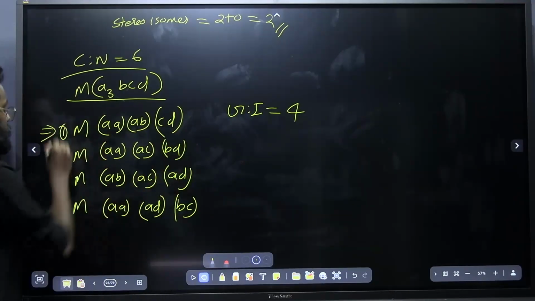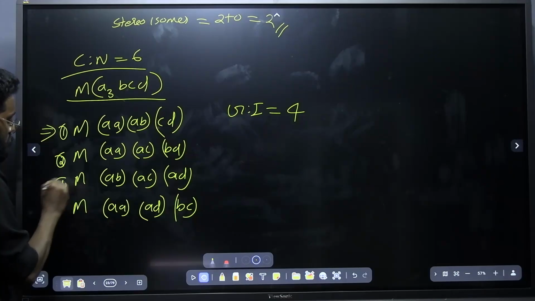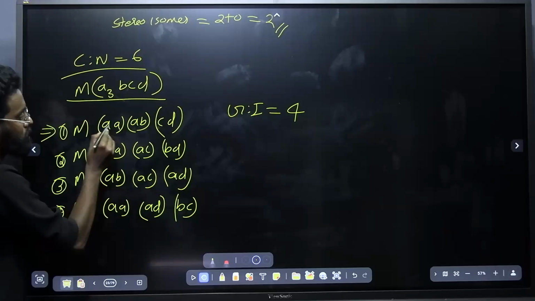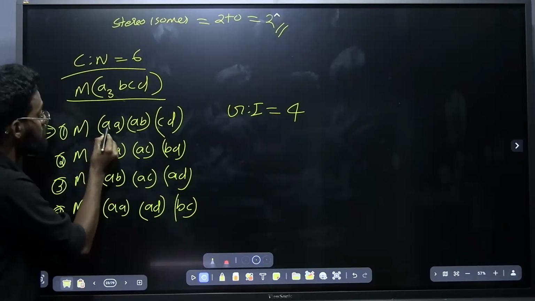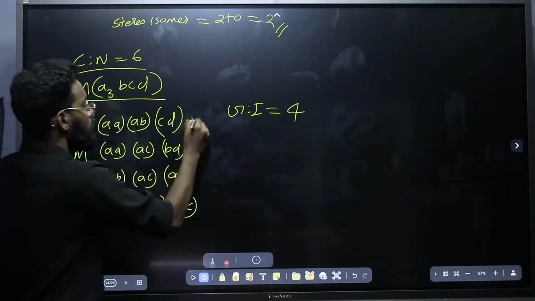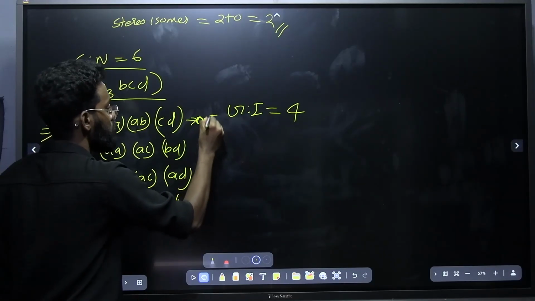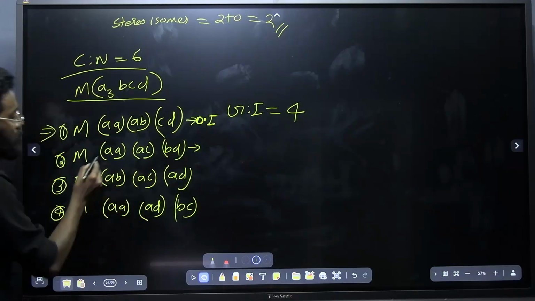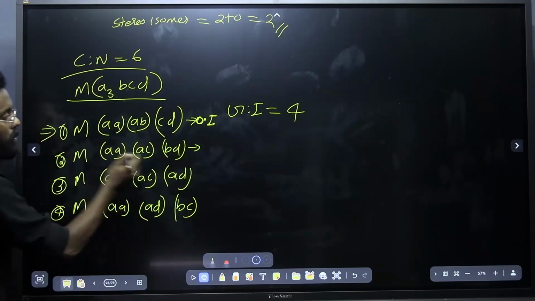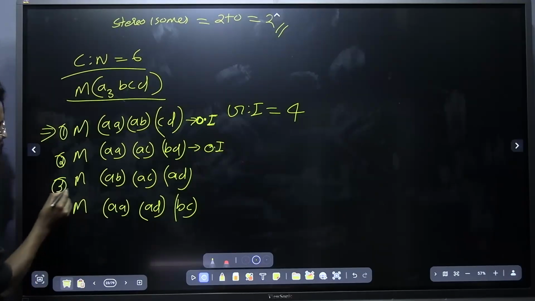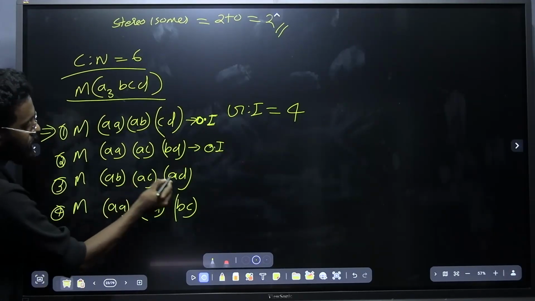First one, is it optically active or not? Here there is a pair with two same ligand, so of course it is optically inactive. Now second one, here also there is a pair with the same ligand. That is also optically inactive. Now here option 3, MAB, MAC, MAD.